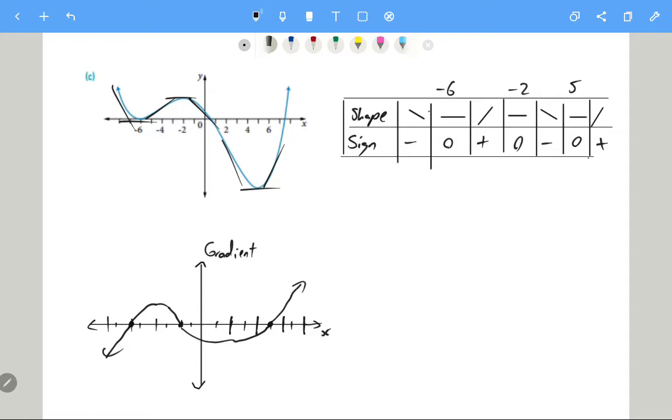And there is our gradient graph. So we're just following. Whenever it's negative, the graph is in the negative, and whenever it's positive, the graph should be in the positive.